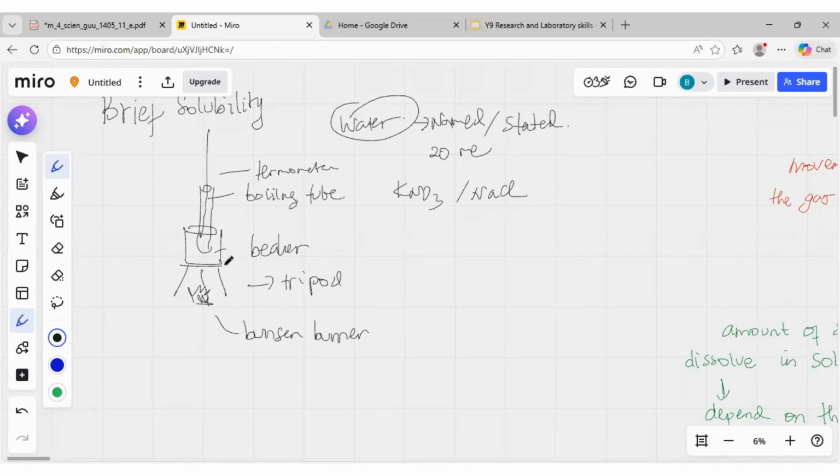And then you will set the temperature, right? And then check the amount of salt, compare before and after. And then you have to reweigh. When you reweigh, please state the name of the tool. It is a balance. Okay, that's related to the solubility.